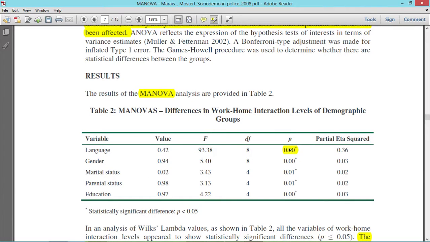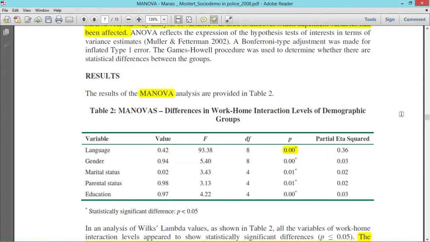So let's just recap. When will a p-value be statistically significant? If it is equal to or less than 0.05. I know we've mentioned that in the previous videos, but in this article, the authors have done us the courtesy of placing an asterisk next to a p-value that is significant.